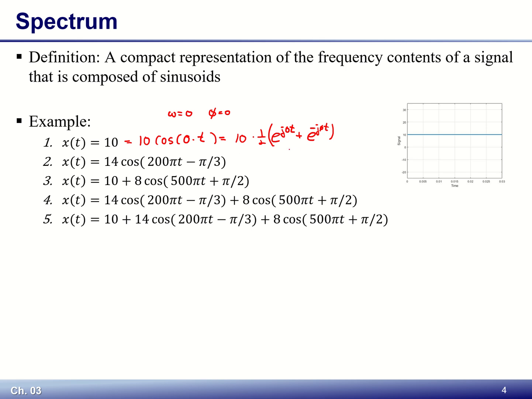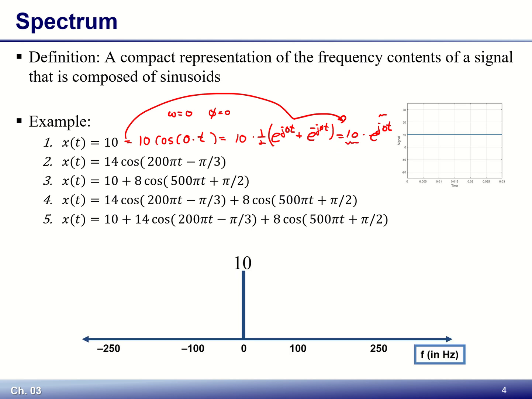Actually that is the same, so it's just 10 exponential(j0t). So the frequency is 0 and the weight is 10. So we can express it in the frequency domain. We can say that the signal has a component of 0 frequency with amount 10.